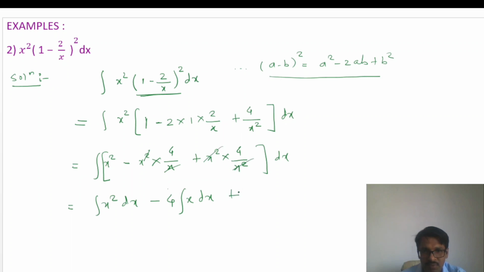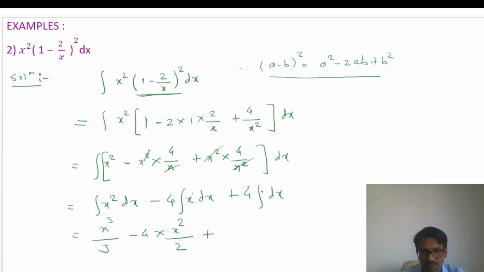What is the value? This 4 times the integration of x. What is the integration of x square? It is x cube upon 3. And minus 4 times the integration of x, which is x square upon 2.